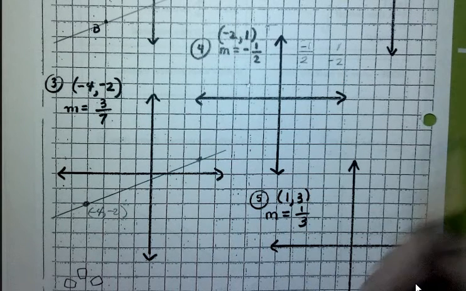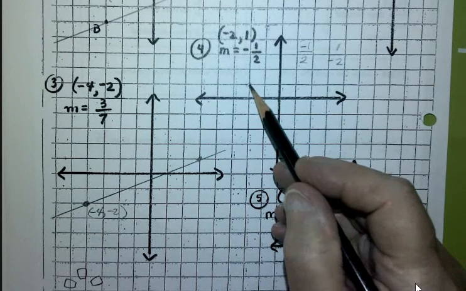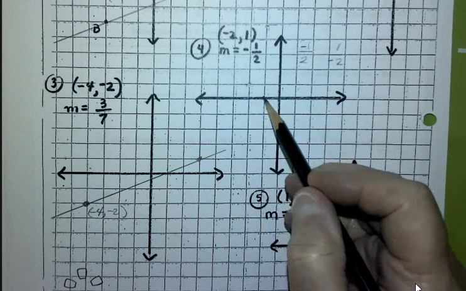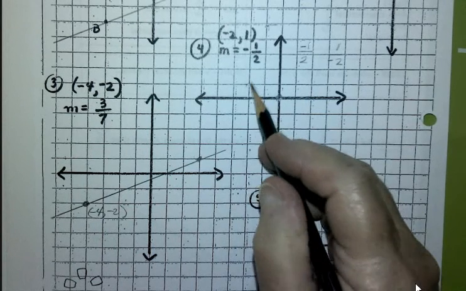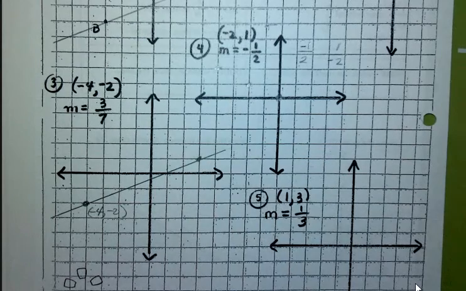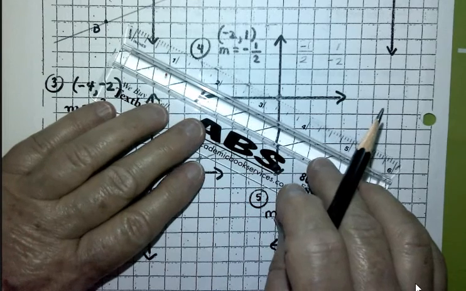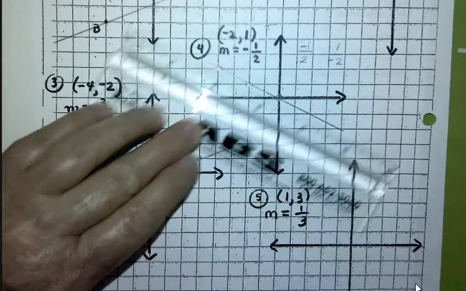So from this launch pad, I might decide to have a negative rise with a positive run, or I could have a positive rise with a negative run. But you'll notice I'm going to get the same line either way, because those are just equivalent ways of stating the value of -1/2.